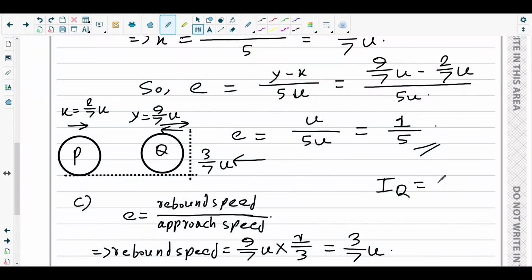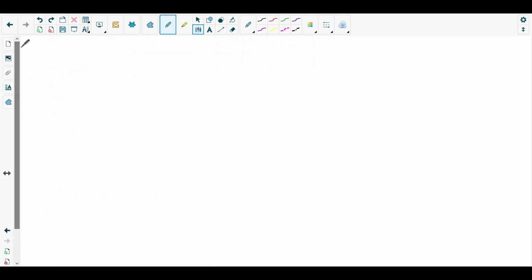Mass is twice of m, so twice of m times velocity after the collision minus velocity before the collision, right? So in that case, we need to know the velocity after the collision v. To find out the velocity after collision, we have to consider the conservation law of momentum between P and Q.